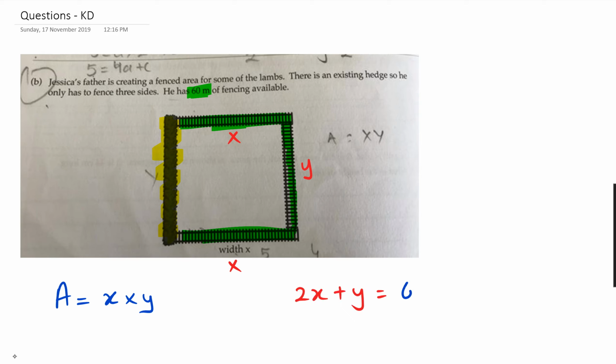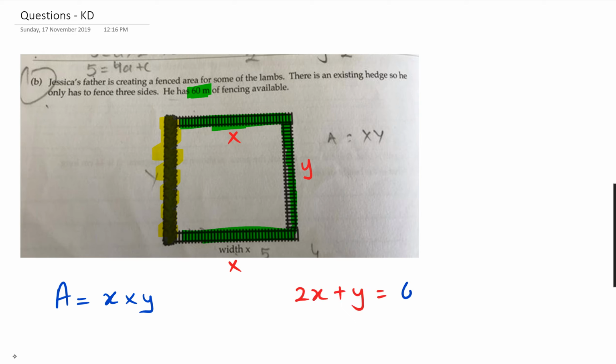So from here, the real simple step is that you rearrange y in terms of x. We're going to rewrite this as y is equal to 60, and when I bring 2x to the other side, it becomes minus 2x.